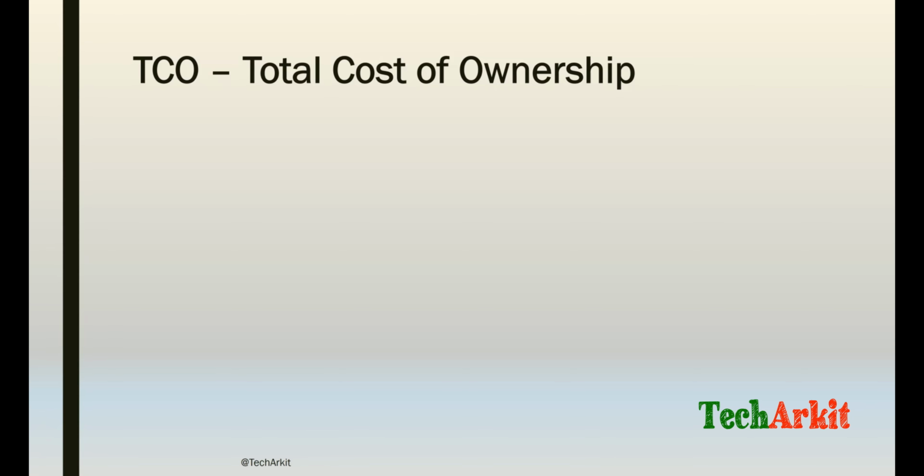So here, most of the companies, whenever you are using AWS services, this is called TCO, the total cost of ownership. How the total cost of ownership is calculated, and what parameters they look for, or you should look for while calculating the total ownership.